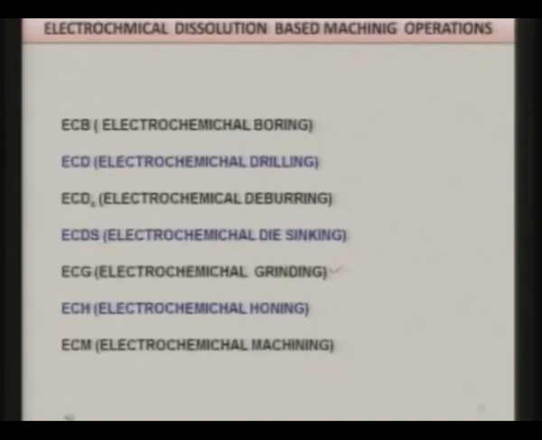By combining these two, we are able to achieve a high material removal rate as well as a good surface finish of the final product. So, we will keep discussing various kinds of hybrid processes, and it is one of them. Another one is electrochemical honing, which is also a hybrid process.